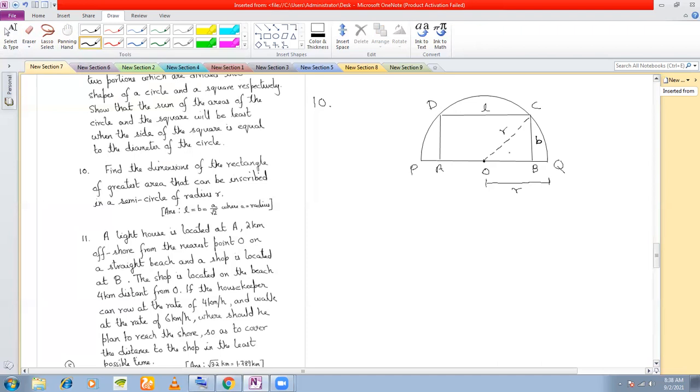If I am taking this part as L, that means this part will definitely be L by 2. OB will be L by 2. Check whether you understood this. Yes, sir. So which one is a variable, which one is a constant? Can you tell me before I leave?